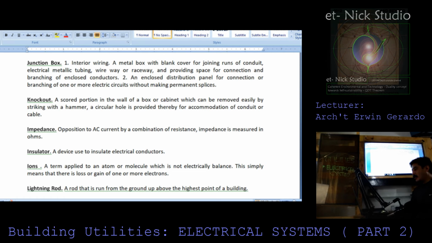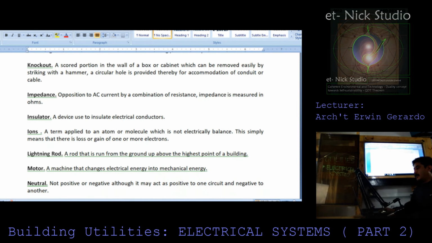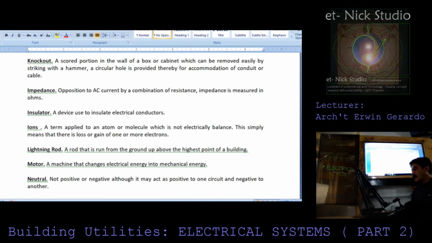Number 2, an enclosed distribution panel for connection or branching of one or more electric circuits without making permanent splices. Knockout, a scored portion in the wall of a box or cabinet which can be removed easily by striking with a hammer. A circular hole is provided thereby for accommodation of conduit or cable.